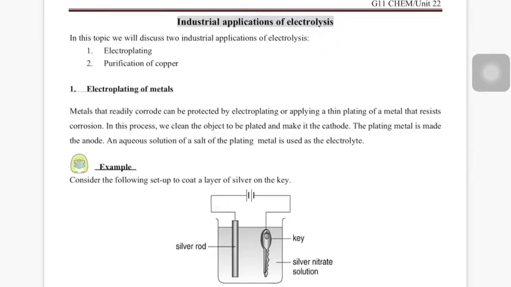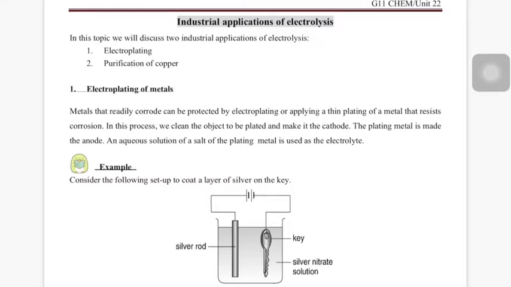That's one of the reasons we need to do electroplating. And sometimes, if we want the object to have a silvery, shiny, or golden look, we also do electroplating to place a thin layer of silver or gold onto the object that we want.